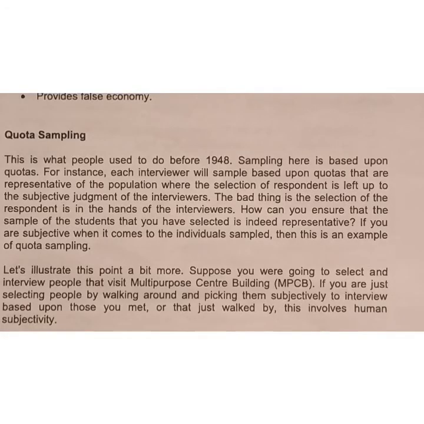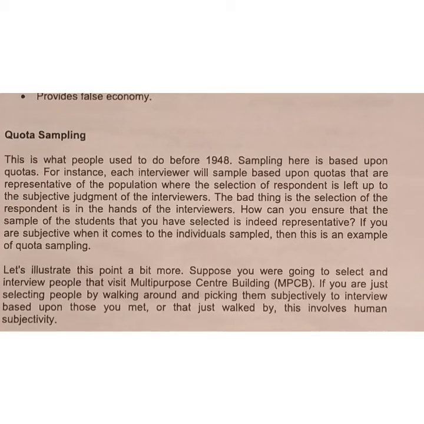subjectivity. This is what people used to do before, in 1948. Sampling here is based upon quotas. So with more than one stratum, quotas are just grouped across more than one stratum. For instance, each interviewer will sample based upon quotas that are representative of the population, where the selection of the respondent is left up to the subjective judgment of the interviewers.